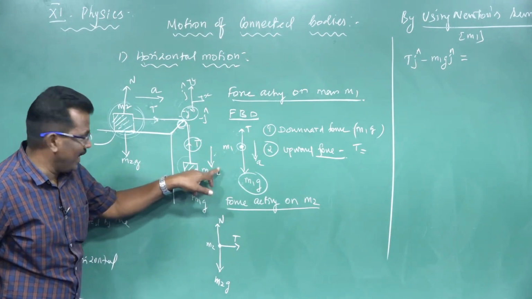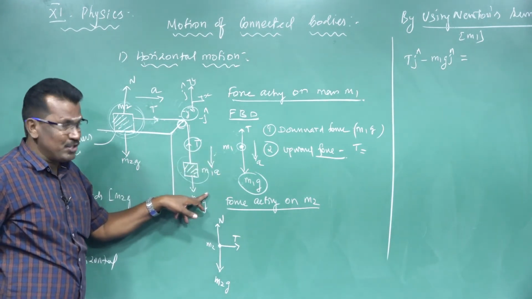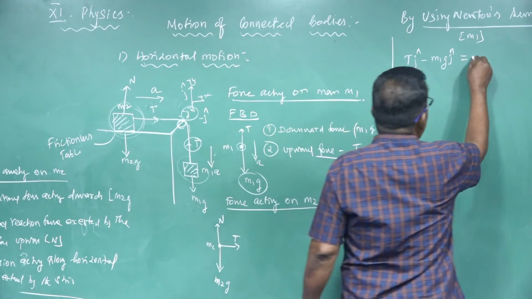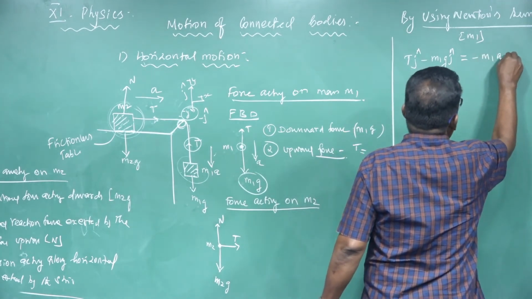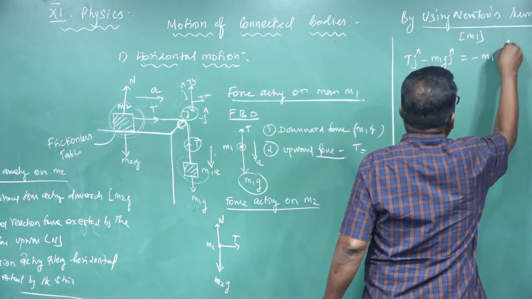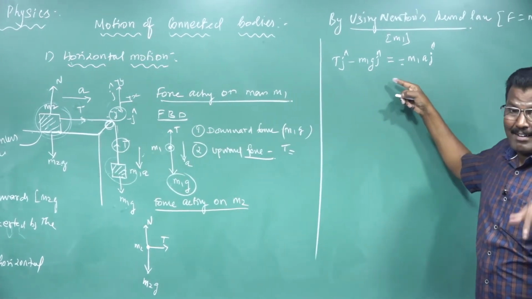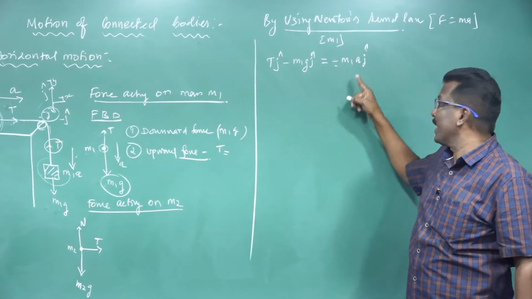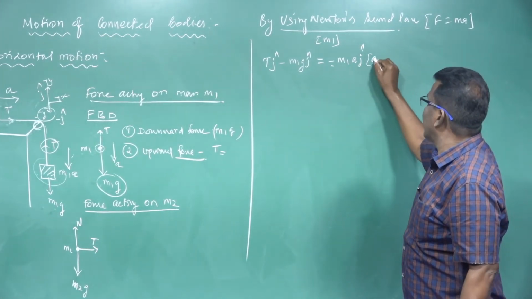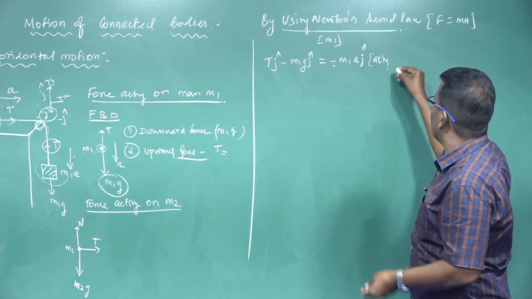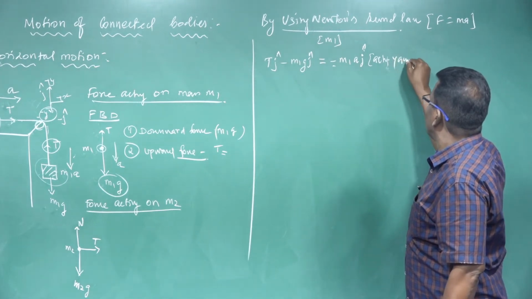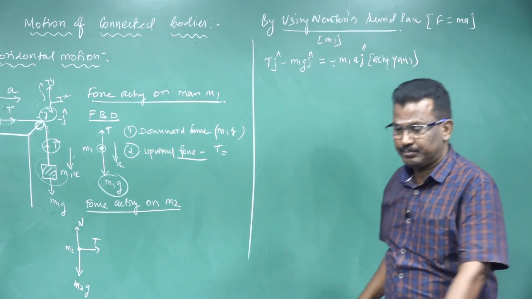So M1a, the acceleration is along M1g. So minus M1a j cap. This minus sign indicates that the acceleration is along the negative y-axis.